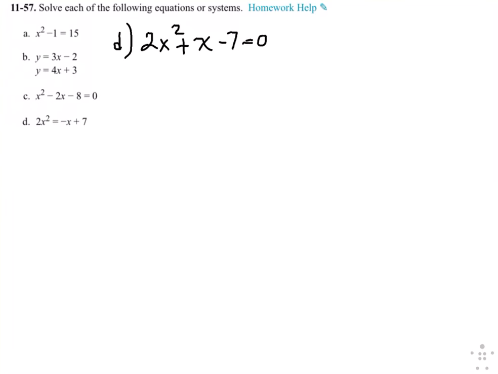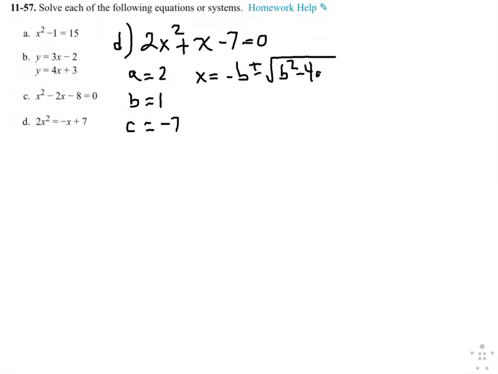Let's use the quadratic formula. So A is 2, B is 1, C is negative 7. x equals negative b plus or minus the square root of b squared minus 4ac all over 2a.